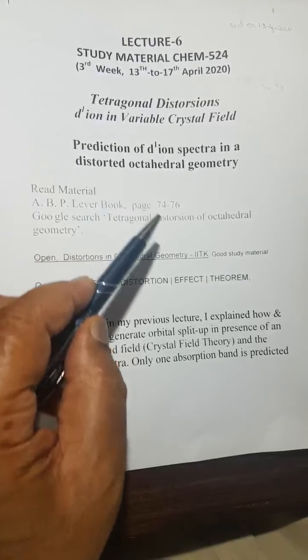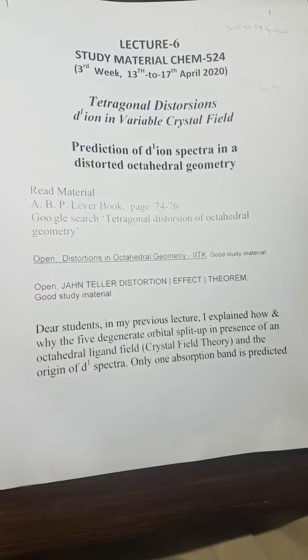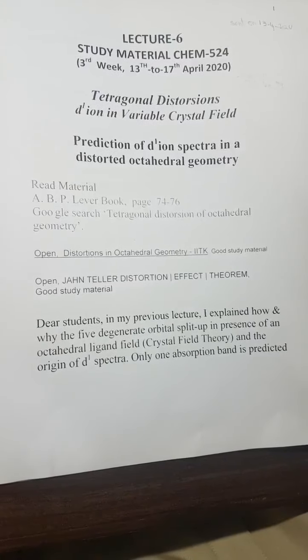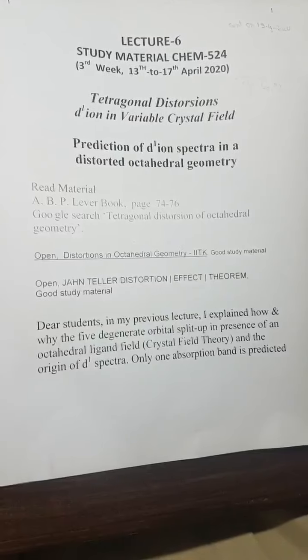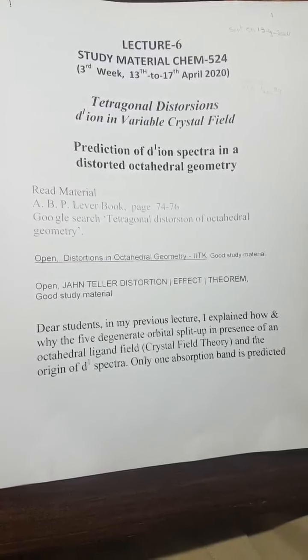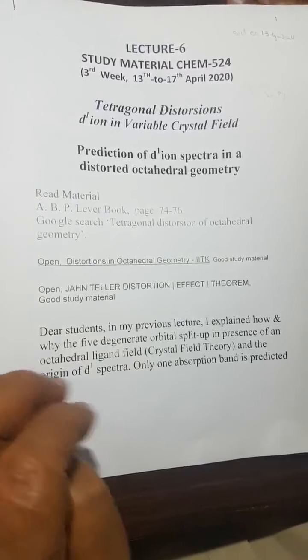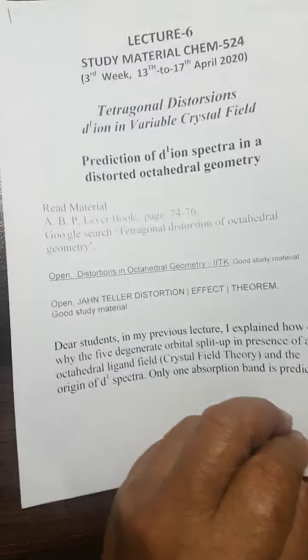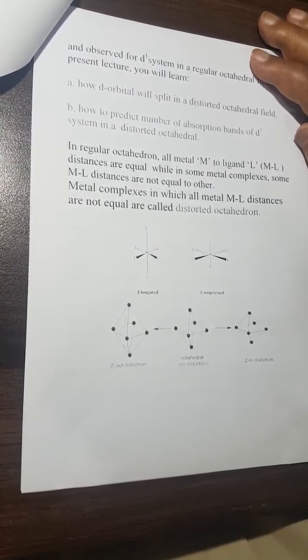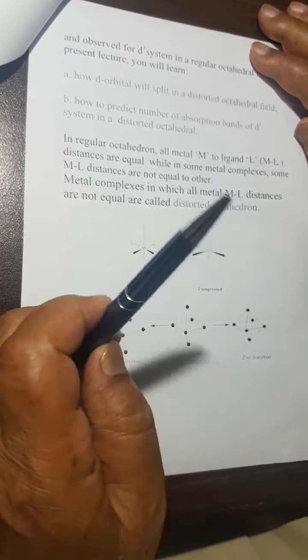But now it is distorted. Whereas in octahedral we expect only one absorption band, you will know for sure after this lecture that we get 3 absorption bands when d1 is placed in a tetragonal field.